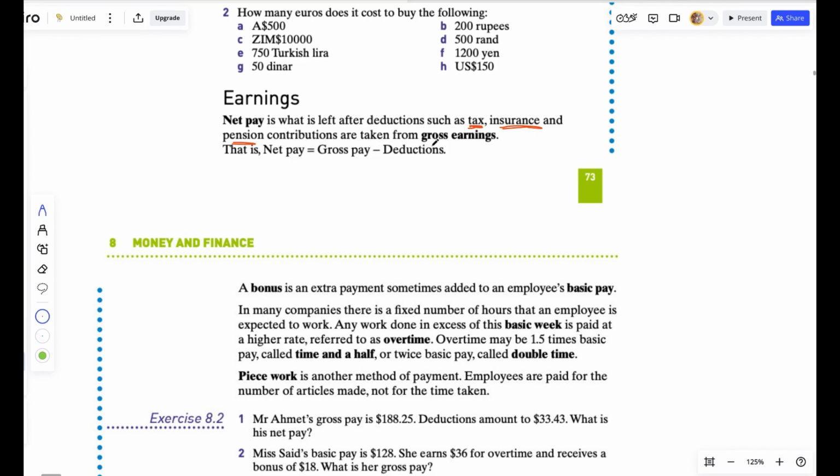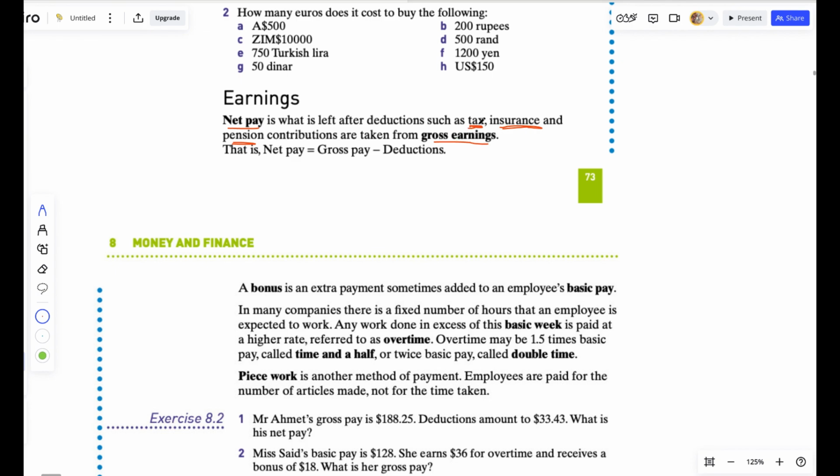What you earn first, your salary, is called your gross earning. When they deduct all of this, then what remains is called your take home or your net pay. Your first salary, if they tell you, for example, your monthly salary is going to be $5,000, that $5,000 is a gross earning.